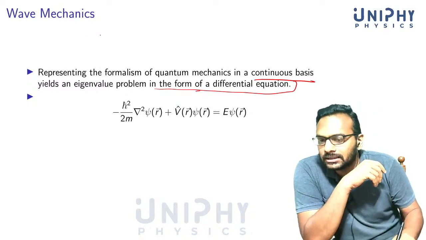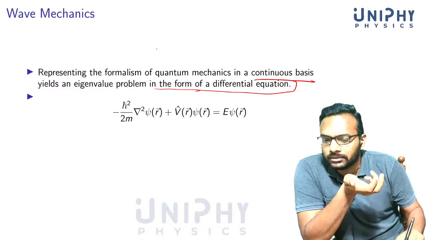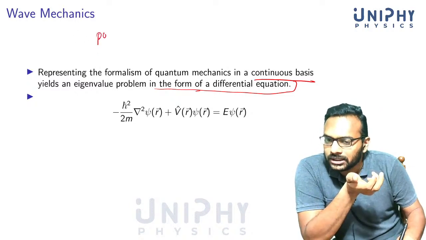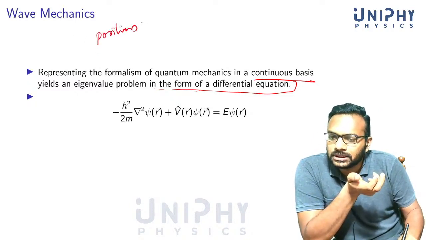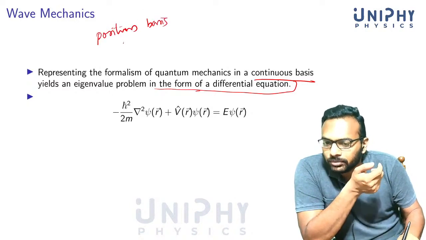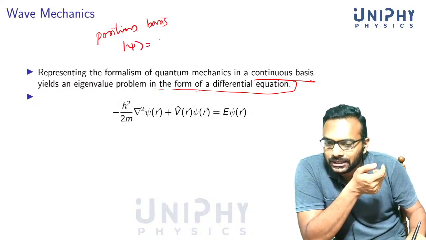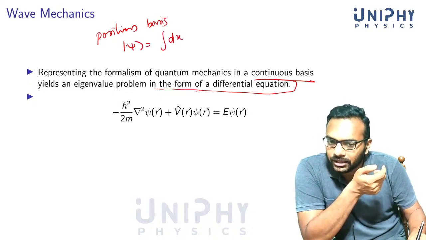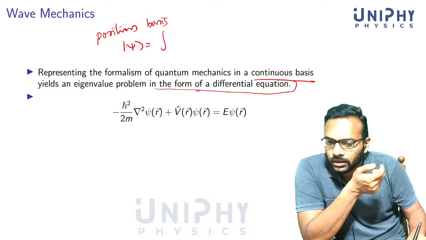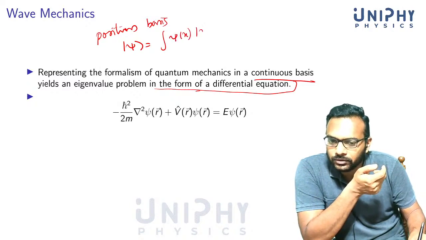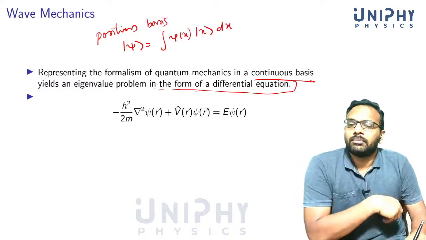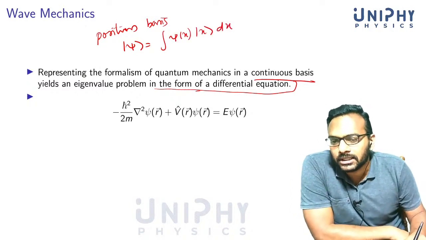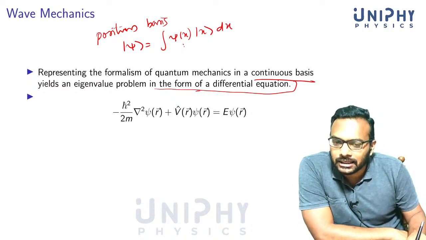Continuous basis means, for example, coordinate basis. We are specifically talking about position basis, which means you are now expanding your state in terms of position eigenvectors. These are the expansion coefficients. Because x is continuous, instead of a summation we have an integration here.